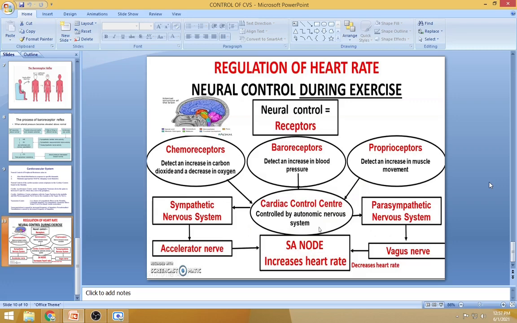Okay, so the objective is to meet the needs of the body. All right, so that is why we have a regulating system. All right, now you must divide this regulating system into two. One is the neural control, and two is the peripheral control, okay, which we call as the reflexes.